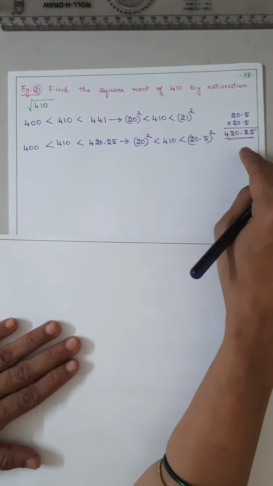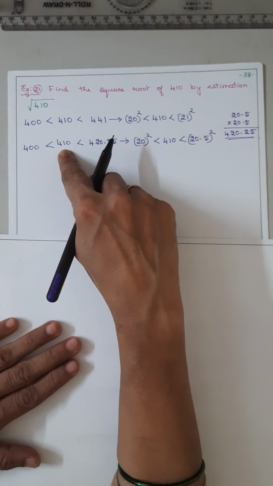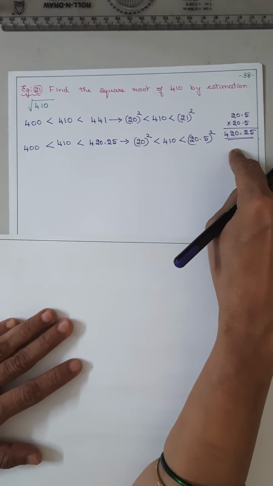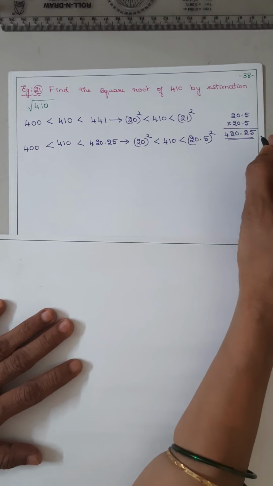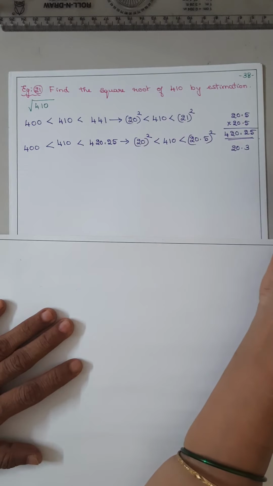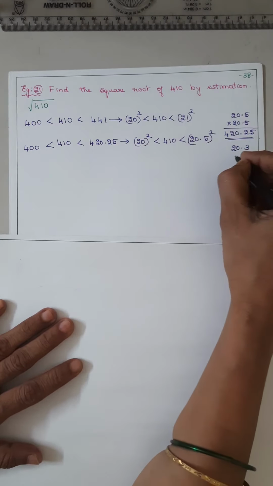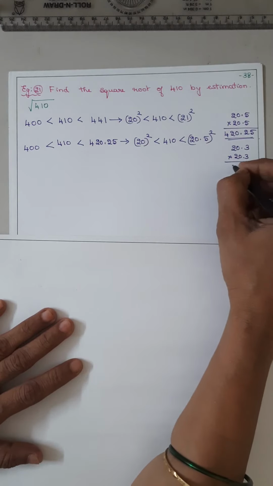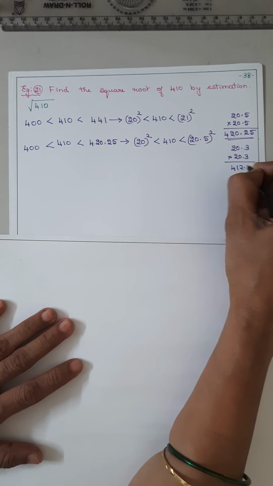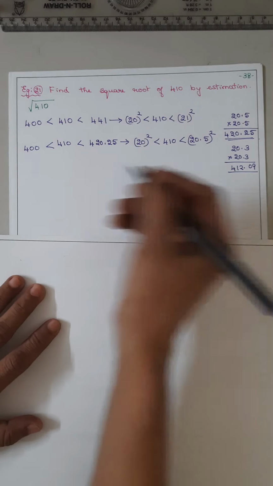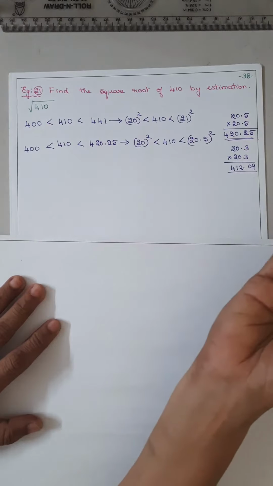Now 420 is very big. So we can try 420 and 410, isn't it? The difference is more. So you can directly think of 20.3. Okay, 20.3. 4 नहीं करेंगे क्योंकि डिफरेंस है, इसके लिए 3 into 20.3. So you got the answer when you multiply, 412.09. 412.09 means it is again to the right side.